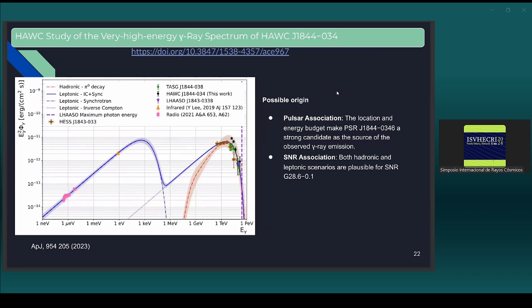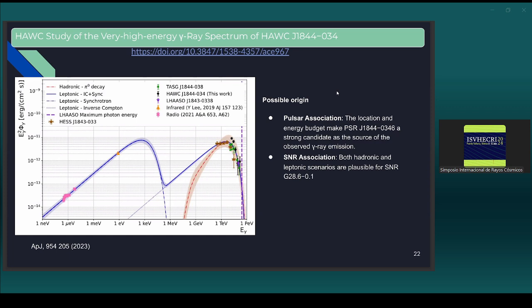The possible origin for this source is, again, there are a lot of other sources that may be correlated with this emission. We have a pulsar there and a supernova remnant also. So the thing with this source is that both of these scenarios are really plausible.